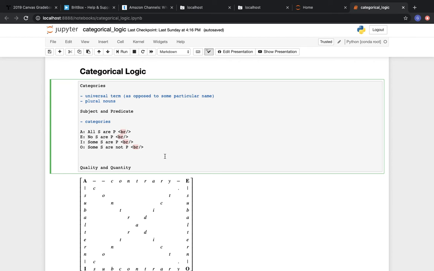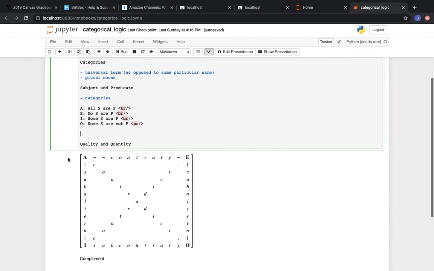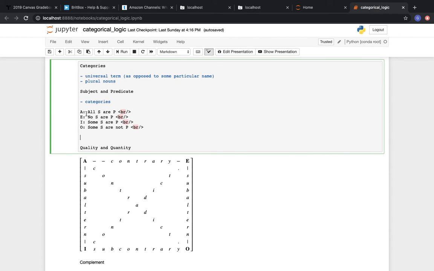Now, these letters as names for these types of claim actually come from an old Latin commentary on this type of logic that Aristotle built. Obviously, the E and the I and the O are not as easy to remember as the A, and in fact, it's actually just a coincidence that the A goes with the all.